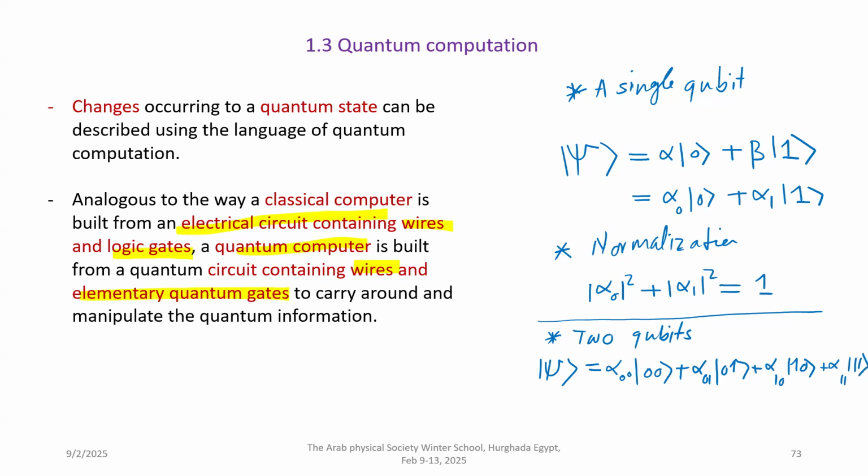So those are the different choices. With 2 qubits, you can store 0 0, 0 1, 1 0, 1 1. Are you guys following me? Everyone? So this is how we do the qubits.